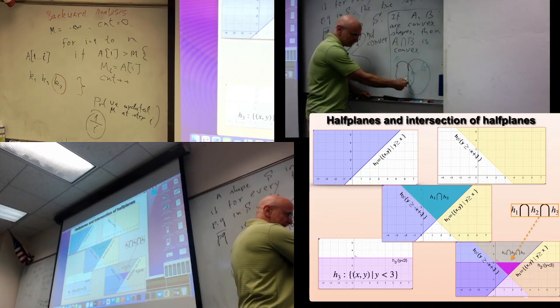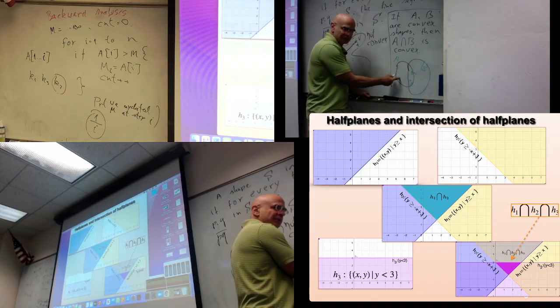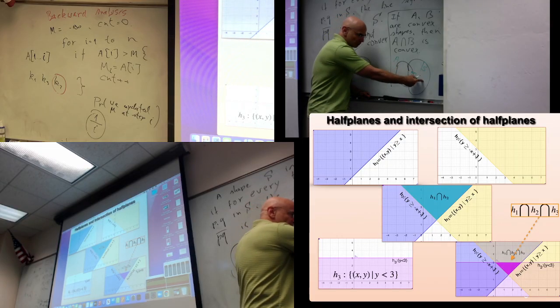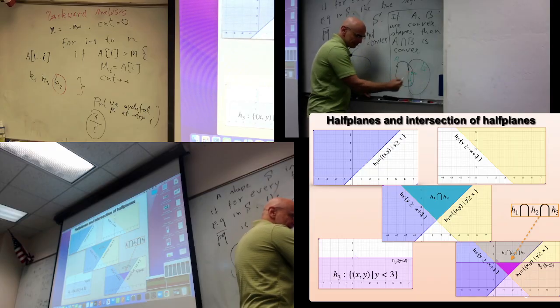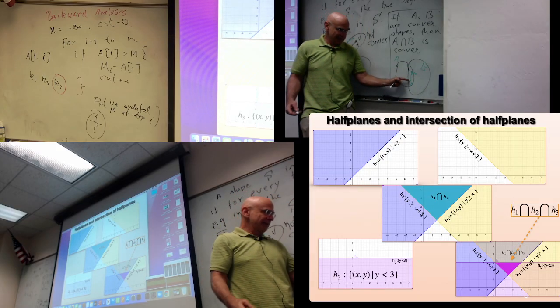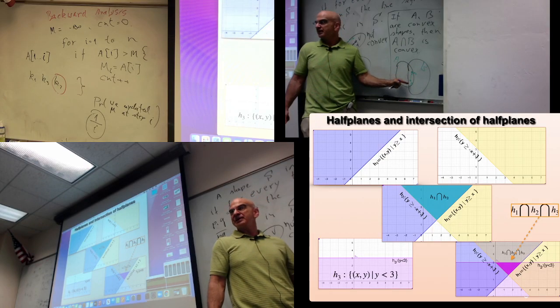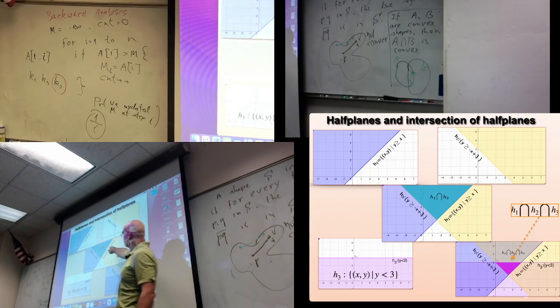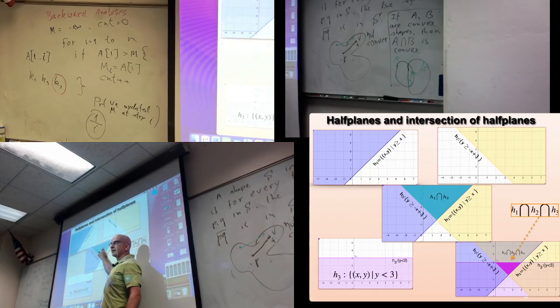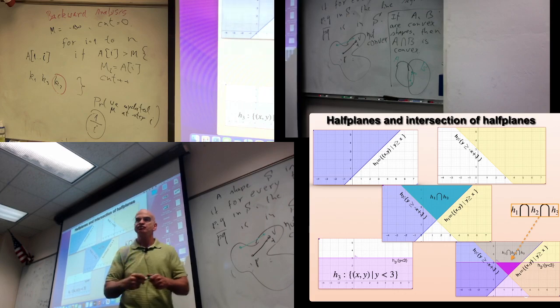Both P and Q belong to A, and they both belong to B. The segment between them, because A and B are convex, is also inside both A and B, so this segment is also in the intersection. Quite obvious. Meaning that my half planes are convex and their intersection is convex as well.